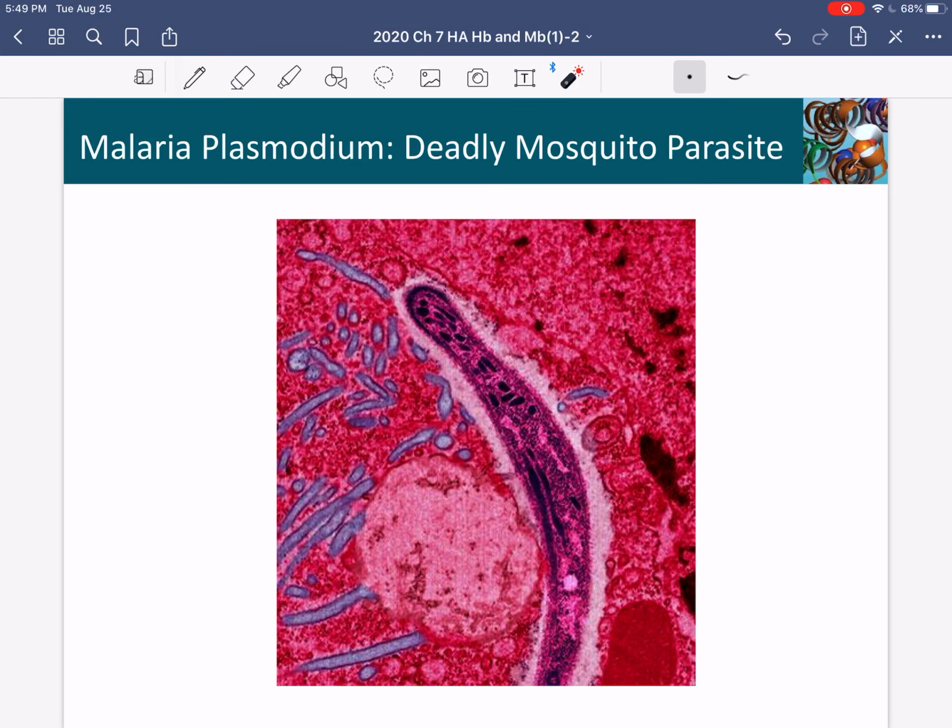And this is the malaria parasite in one of its life cycles right here inside a red blood cell. It's transmitted by mosquitoes.